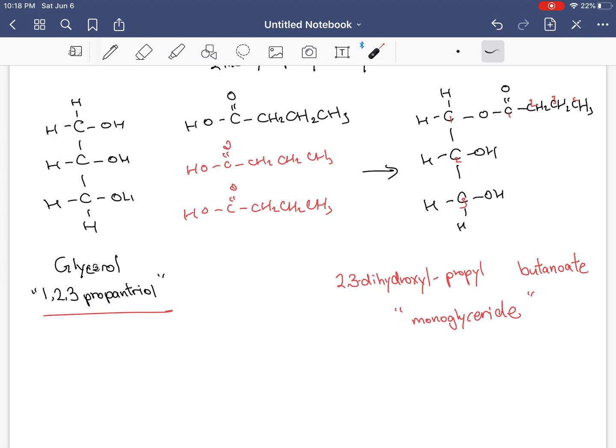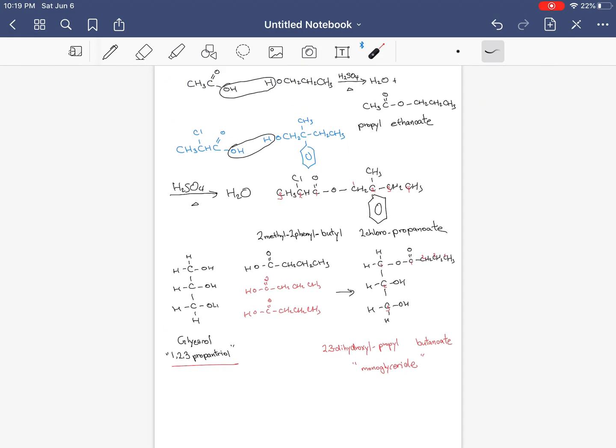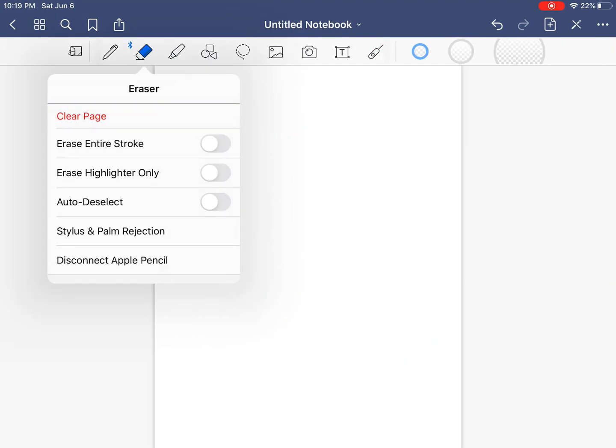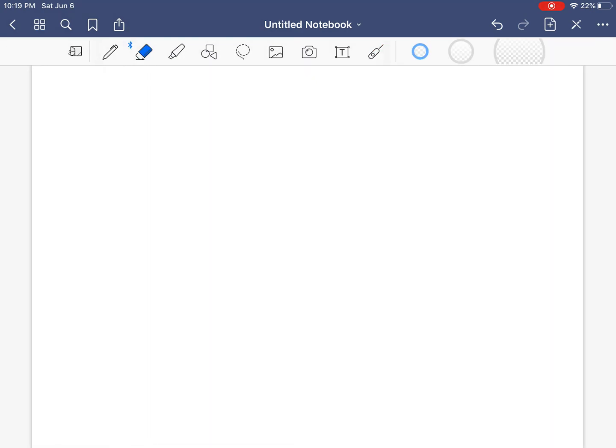Anyways, that's ester. Now, the third one that we're going to talk about is really just the reverse of ester. So example 3, we have hydrolysis. In this case, we have some sort of ester.